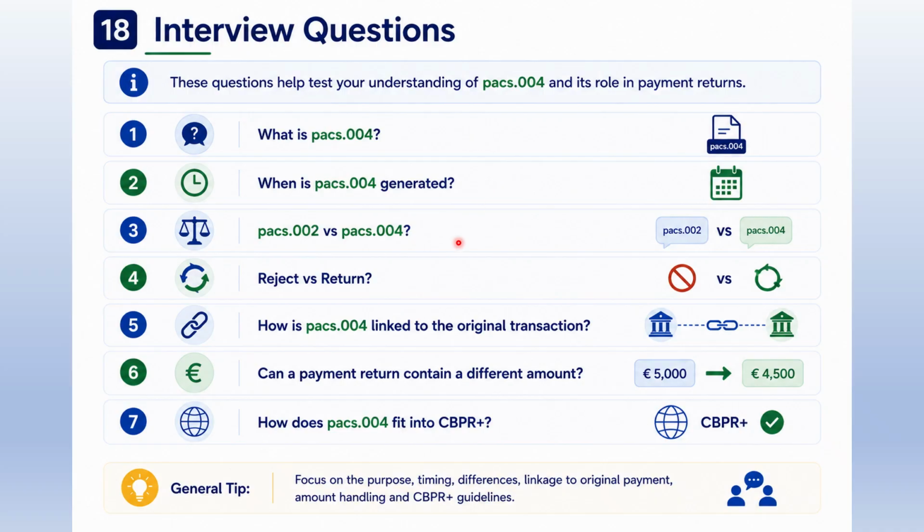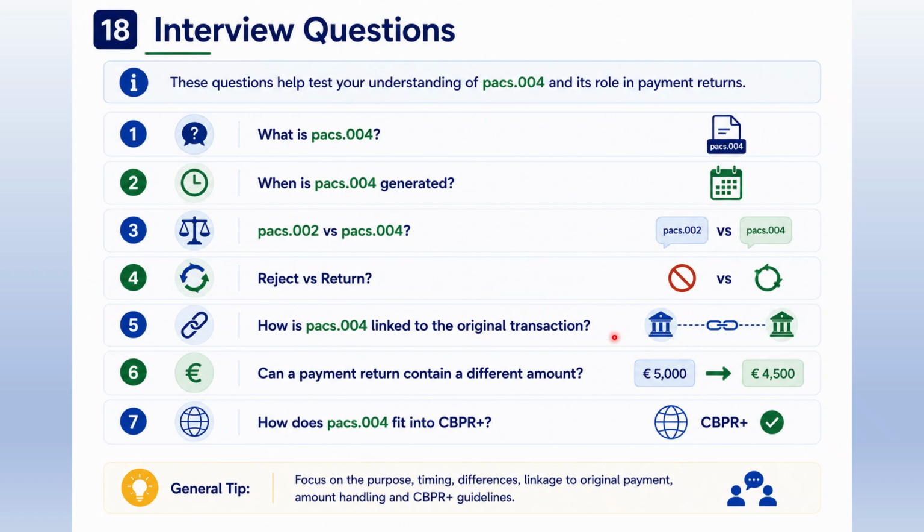What is the difference between pacs.002 and pacs.004? pacs.002 communicates payment status. pacs.004 handles the payment return. What is the difference between reject and return? Reject means the payment does not complete successfully. Return means the payment has already progressed or settled, and the funds now need to be sent back.